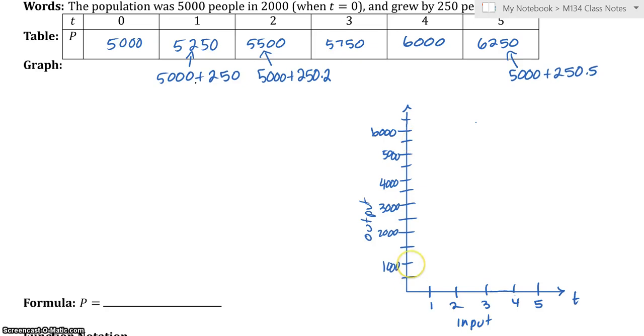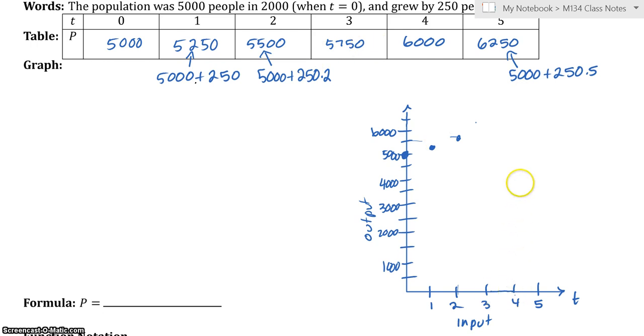And if I started plugging in, 0 would be 5,000. I'm going to skip 1 for a minute and go to 2. 2 is 5,500. So having grid paper is a little bit easier. I know they didn't give us grid for there, but 2 is about 5,500 right there. Draw little lines. 1 is halfway between that. I'll skip 3.